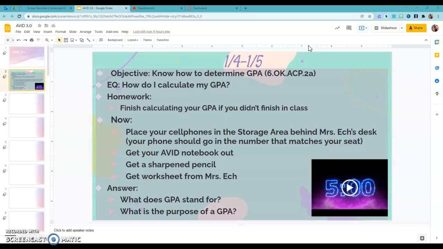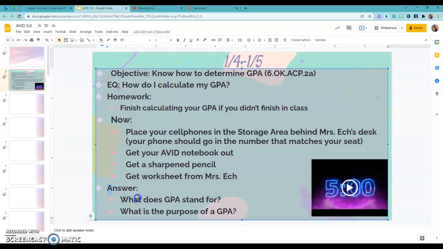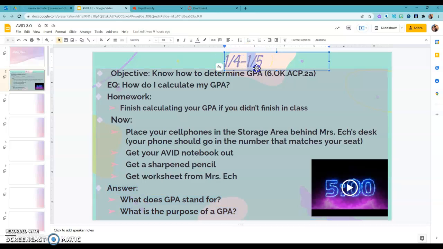You're going to need your AVID notebook and a pencil. You don't have the worksheet, but I'll show you and you can fill it out in your AVID notebook. First, answer these two questions in your AVID notebook and label it 1-4 or 1-5, depending on if I see you on A Day or B Day.